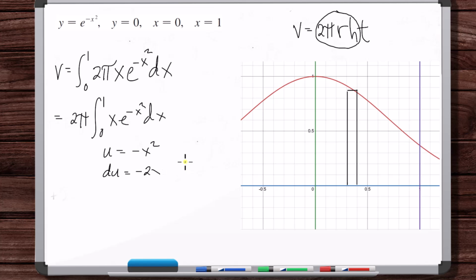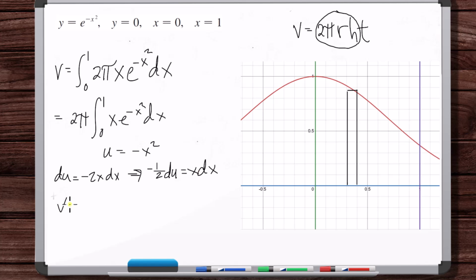So du is minus 2x dx, and therefore, what is x dx? Minus 1/2 du is equal to x dx. That's what we're looking for. So now we can do the substitution, replacing minus x squared with u, and x dx with minus 1/2 du.